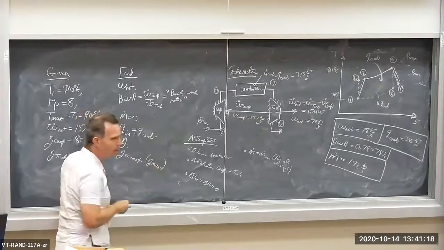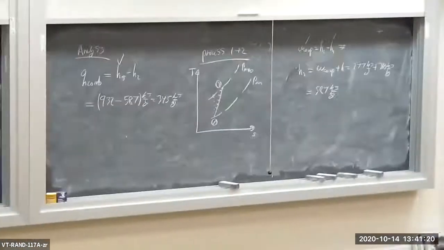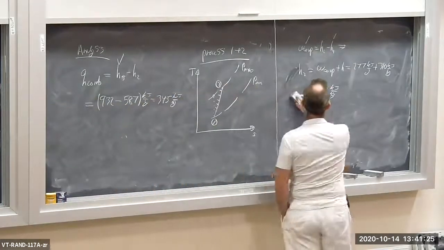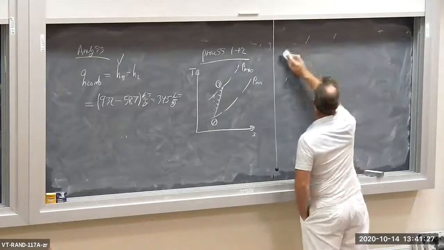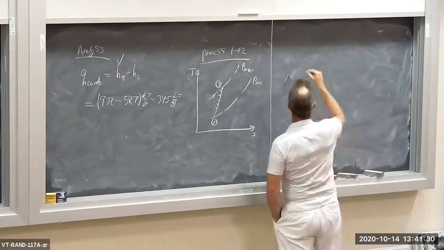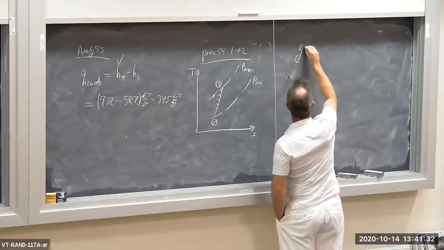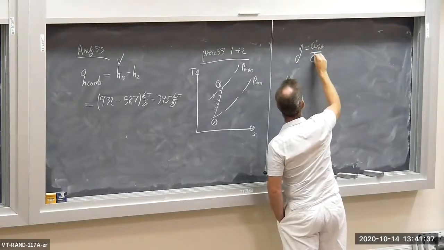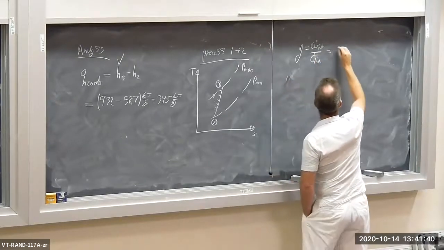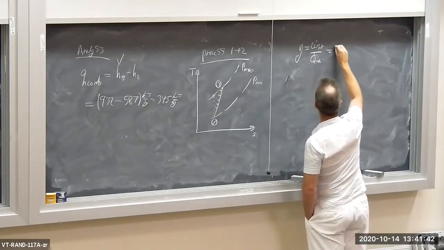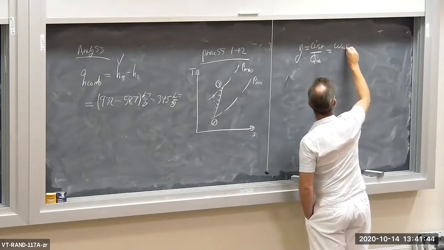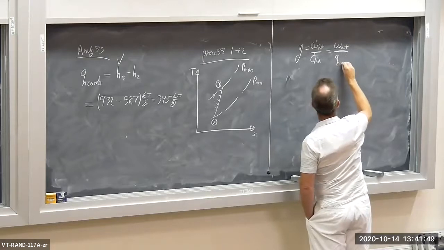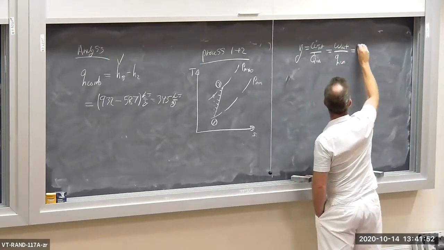Okay, let's calculate the efficiency. Well, this is easy to do. Efficiency is just W dot net over Q dot in. So the efficiency of this Brayton cycle equals W dot net over Q dot in. If I divide by the mass flow, I get W net, because the mass flow is the same everywhere, over Q in, and my Q in is my Q combustor.